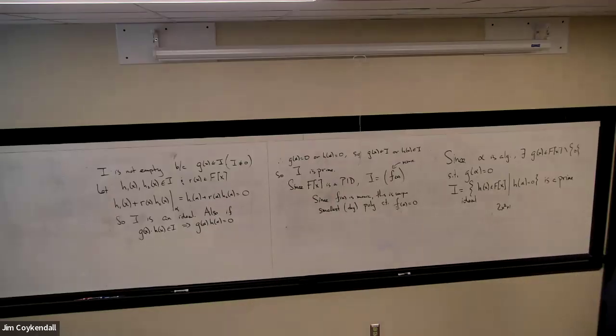Is F[x] also Euclidean? It is. That's where you get that, so you have your degree as your Euclidean function. Well, really, all we need at this point is the fact that it's a PID, right? But the easiest way to prove that F[x] is a PID is to show it's Euclidean, because it's actually easier to show.